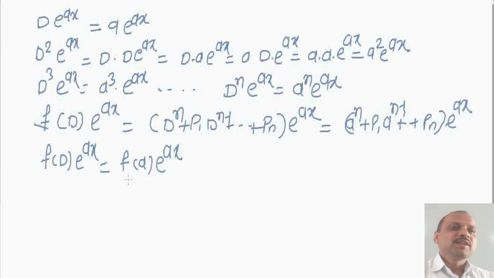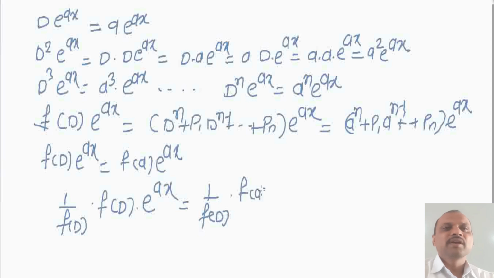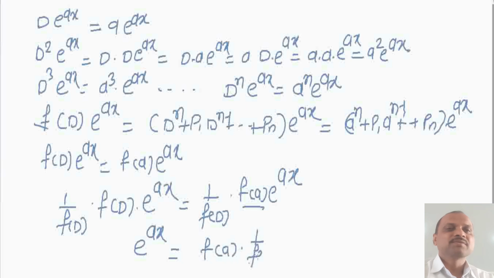Now let us operate with 1 upon f of D on both sides. So 1 divided by f of D into f of D into e raised to ax equals 1 upon f of D into f of a into e raised to ax. This 1 upon f of D and f of D are inverse operators, so they cancel each other and we get e raised to ax equals f of a, which is a constant term, into 1 upon f of D e raised to ax.